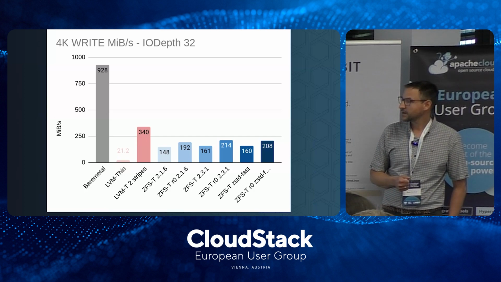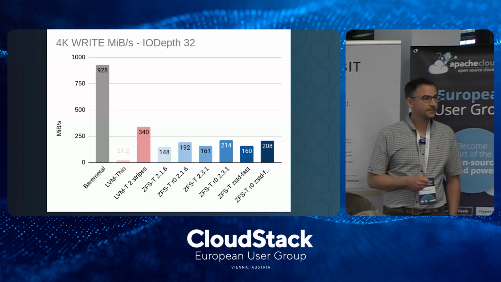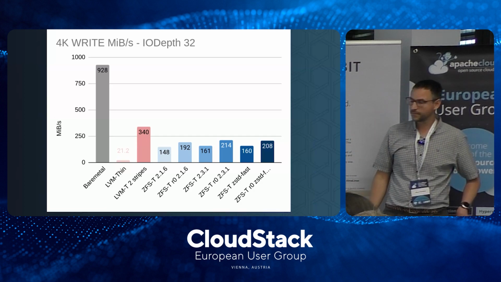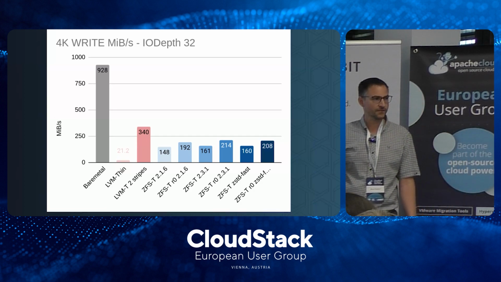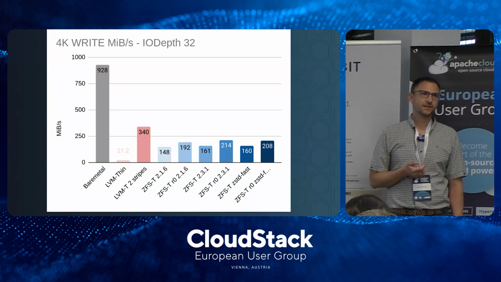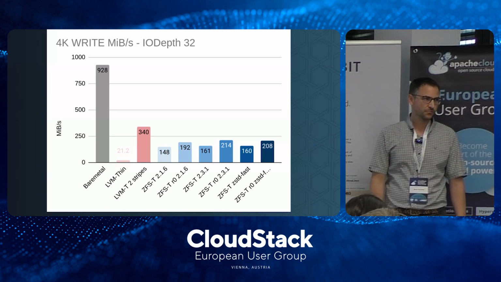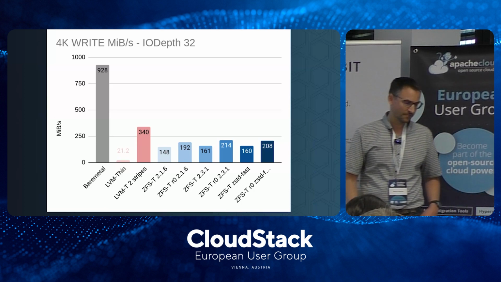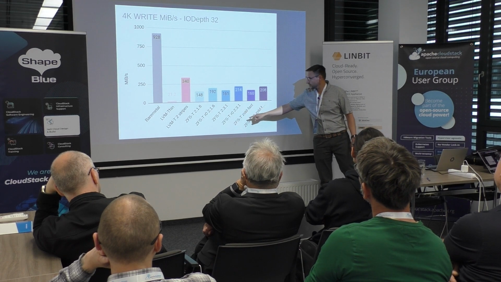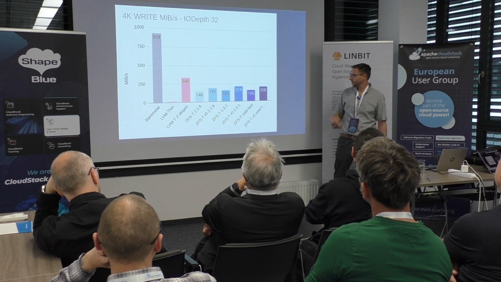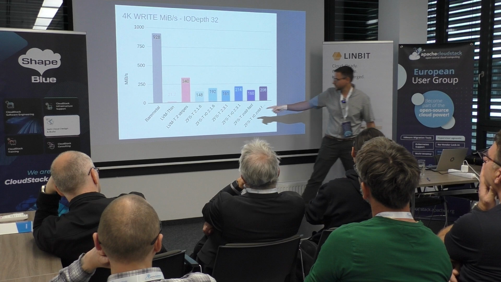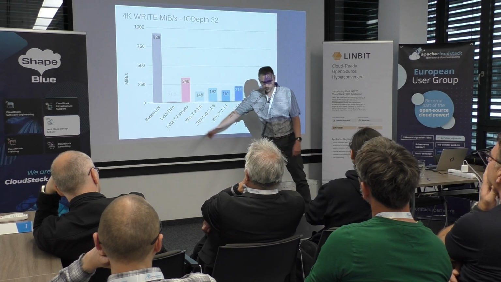Is the T for thin or thick? Thin. The T is for thin, sorry. It's always thin, because thick doesn't make much sense with LINSTOR, since then you don't have snapshots, and usually you want snapshot support on CloudStack. And this R0 means RAID 0, which would be the same as LVM2 stripes.